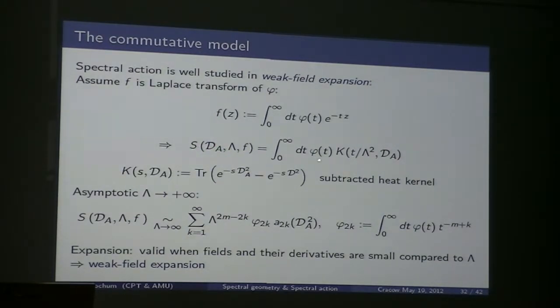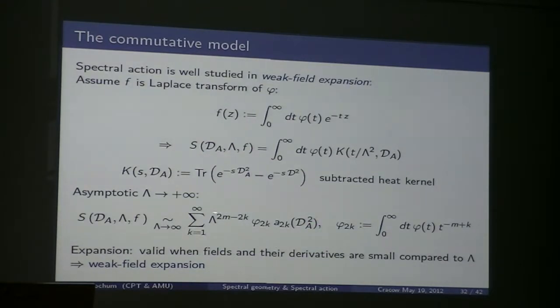It will be the integral of this function phi times this, and this, if you normalize the coefficient here, is just a trace of the difference between the two heat operators, which is a subtracted heat kernel. Okay? And then if you take the asymptotics when lambda goes to infinity, it goes like that.